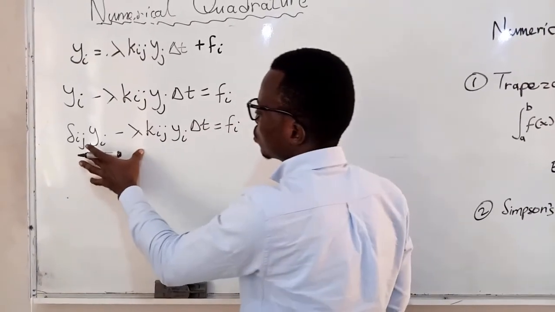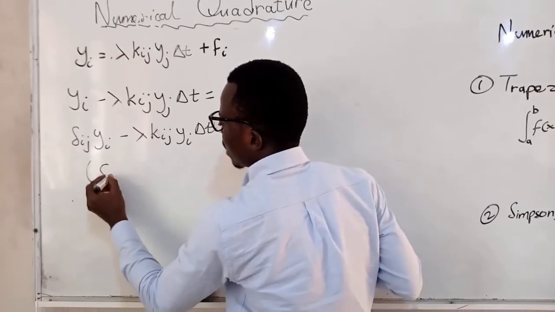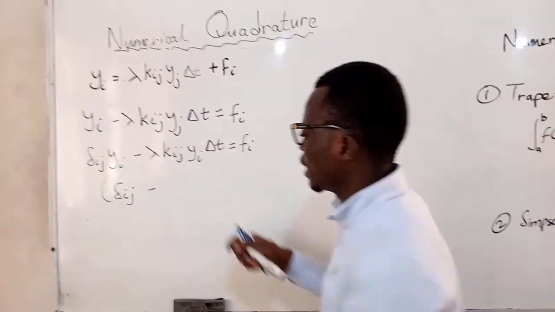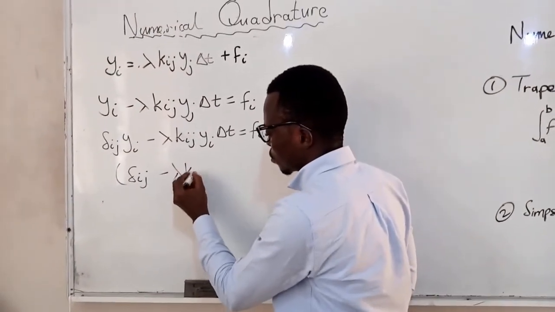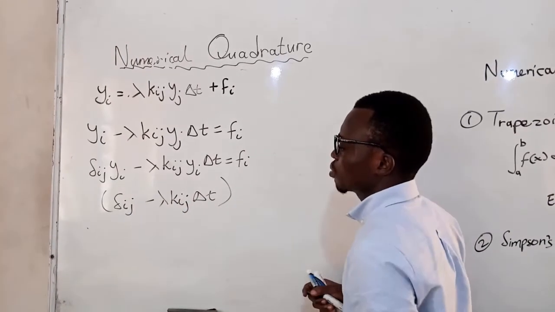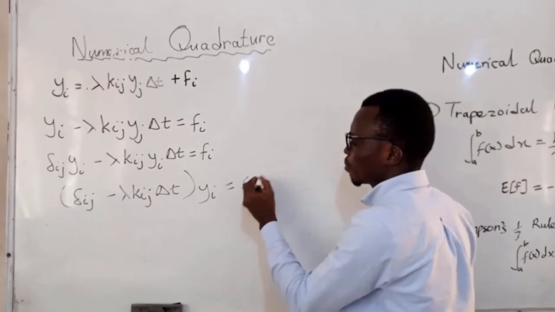Now let's bring y_i out: delta_ij minus lambda k_ij delta t, times y_i, equals f_i.